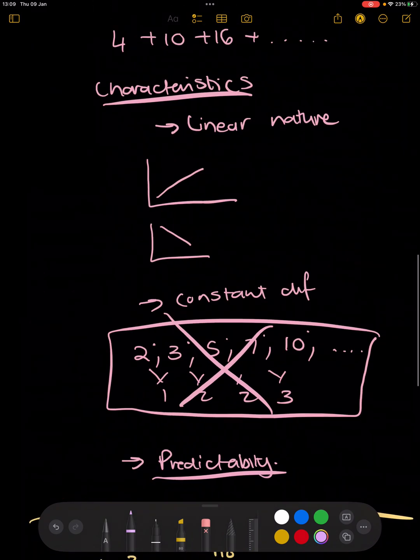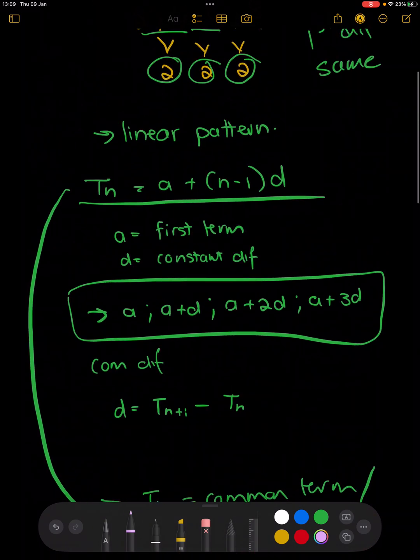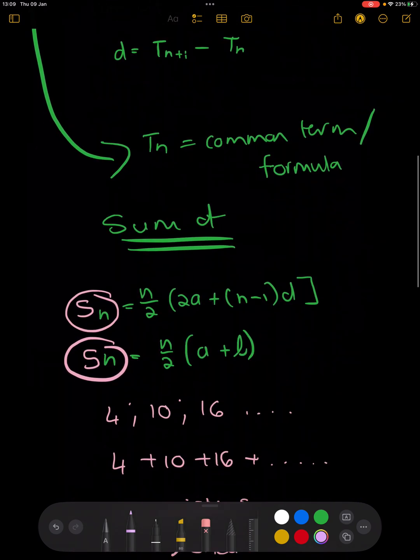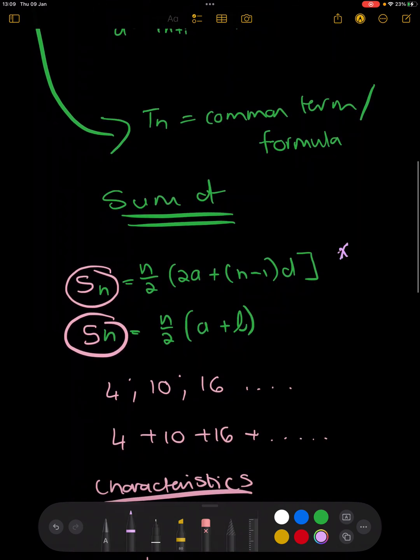If we go back to our two formulae that we discussed up here, the first one was the sum of numbers in a sequence is equal to n, the number of numbers in the sequence, over 2 times (2 times the first term plus (n minus 1) times d). N is the number of terms I have, a is my first term, and d is my constant difference.